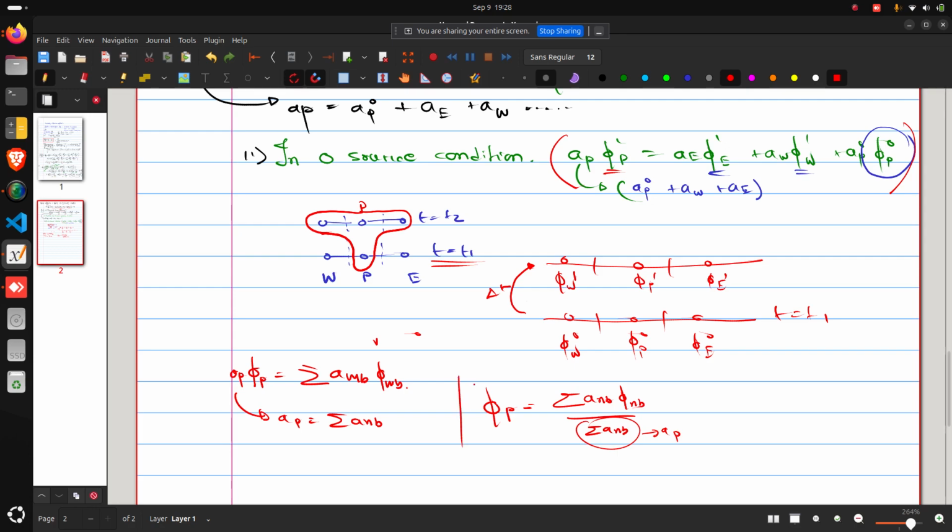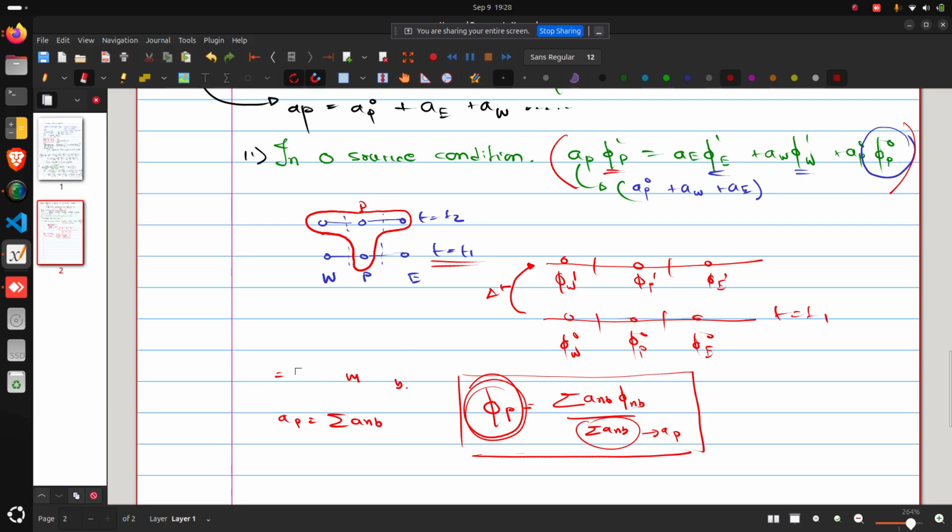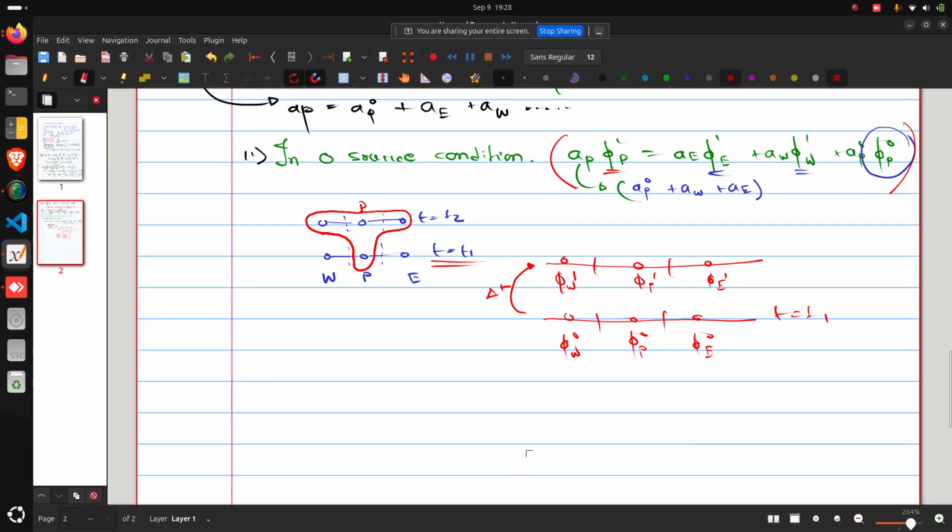So this tells us that the solution of phi_P is bounded by its neighbors. What does bounded by its neighbors mean? It means that the solution we obtain using this discretization will give us values which are bounded by the maximum and minimum neighborhood phi values.